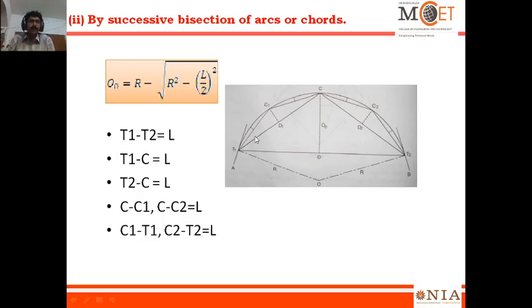So by bisecting the chord and the arc, if you change the value of the L, you will get the mid-ordinate value. Based on that mid-ordinate, you can mark the points, and if you join those points, you will get the smooth curve, right?